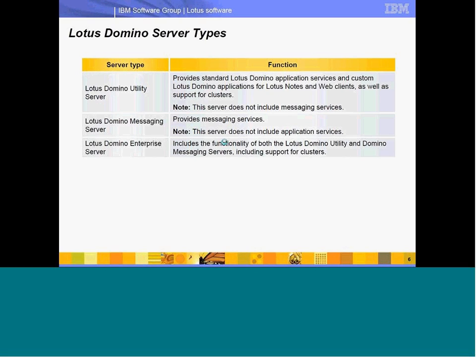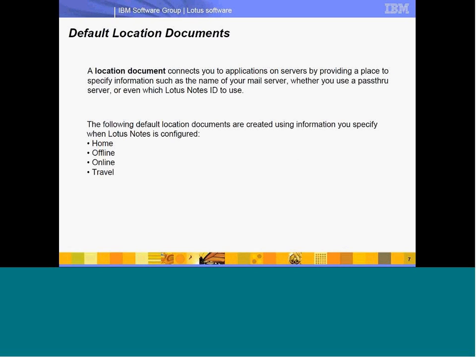Skipping this part and coming back to the default location documents. A location document is something you get once you install your Lotus Notes client; the Lotus Notes client itself has a location document. What is a location document? It connects to your applications on a server by providing a place to specify information such as the name of your mail server, whether it's a pass-through server, or even the Lotus Notes ID to use.